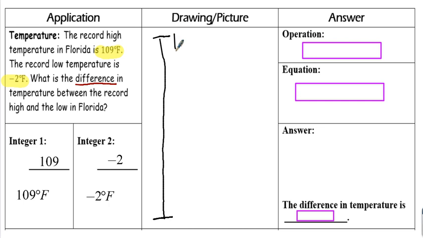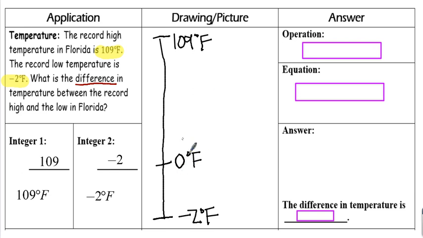We know that 109 degrees Fahrenheit is going to be at the top, and then the low, -2 degrees Fahrenheit, will be at the bottom. It's a thermometer here, but it's actually like a vertical number line. It's important to put a 0 somewhere on your thermometer, and I'm going to put it right here. That will be 0 degrees Fahrenheit.